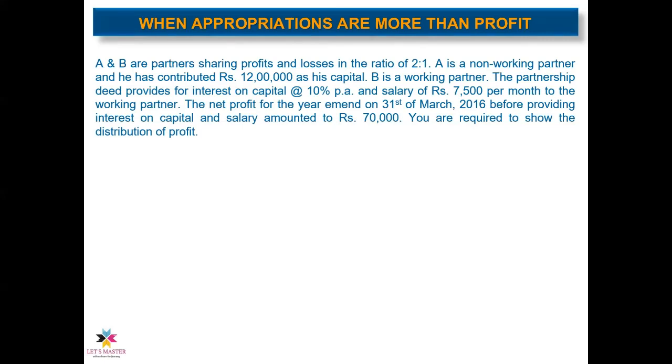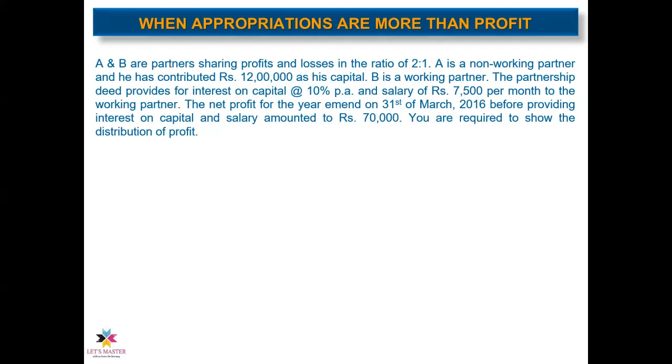So in this example, A is our dormant or sleeping partner and B is our managing or active partner. The partnership deed provides for an interest on capital at the rate of 10% per annum and a salary of rupees 7,500 per month to the working partner.